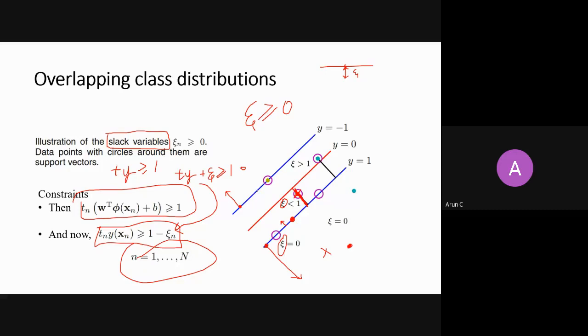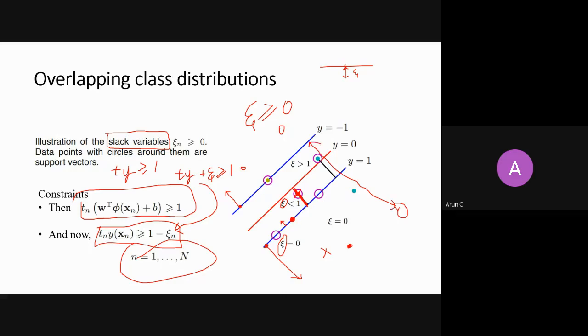It grows linearly with the distance from the hyperplane in the wrong direction. For example, this side is for the circle class, but you have a circle somewhere here. The distance of this circle from this hyperplane will give you the total error.